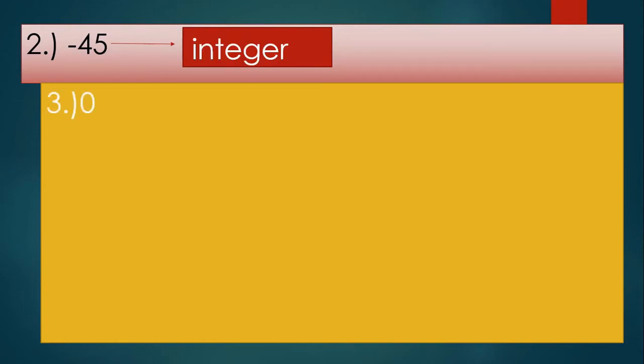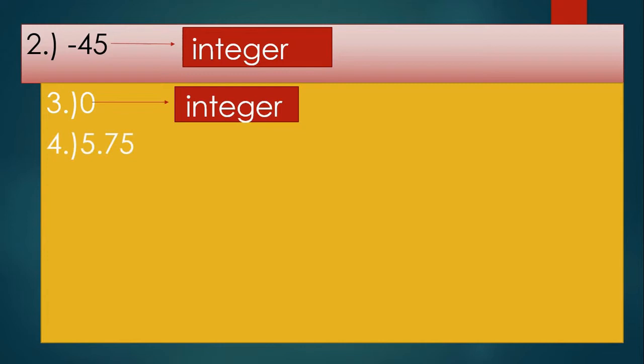This is an integer. How about number 3? 0. Is this an integer? Yes. But 0, we could not say negative 0 and we could not say positive 0. This is only a separator on the number line. That is why it is the center of negative and positive. But still, 0 is an integer.